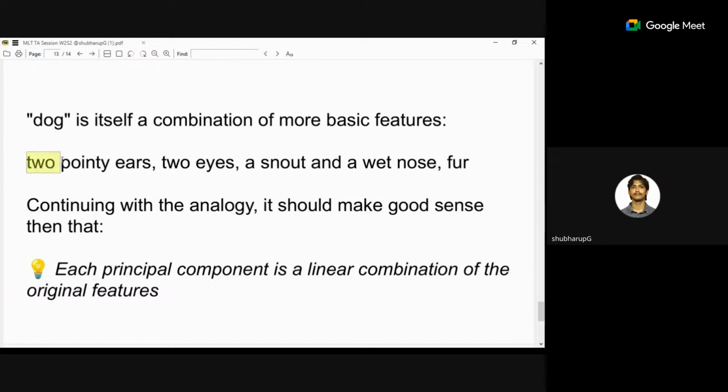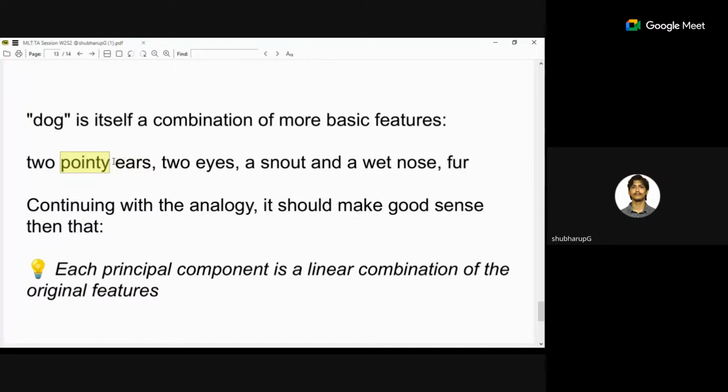So all these things, ears, eyes, snout, nose, fur, right? These will very likely be captured as principal components. So more or less furriness, maybe shorter or longer snout, smaller or bigger eyes, smaller or bigger ears, more pointy or less pointy.